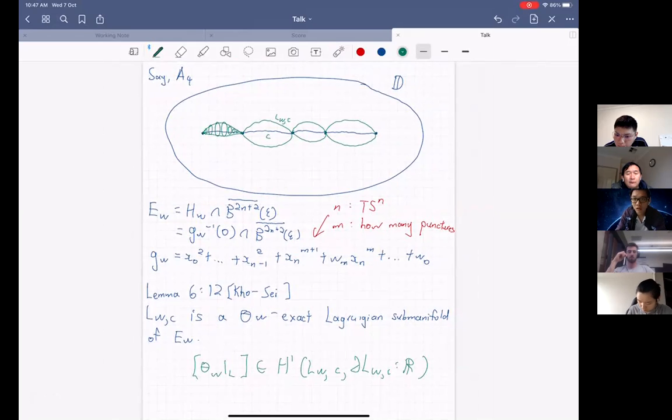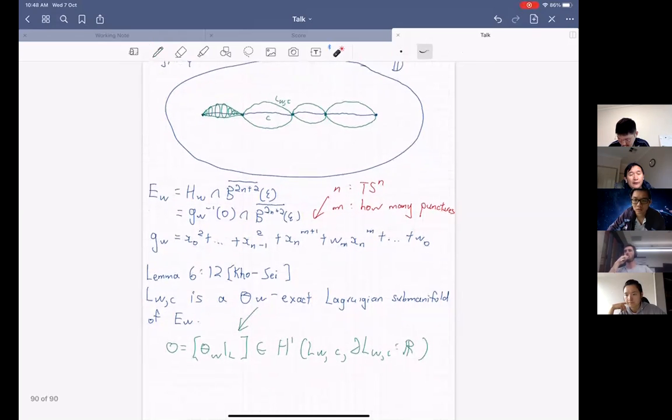But if you have a boundary, then theta is a symplectic one form. Only d theta is a symplectic form, that is just by definition, right? So that means theta restricted to L is d of some function.